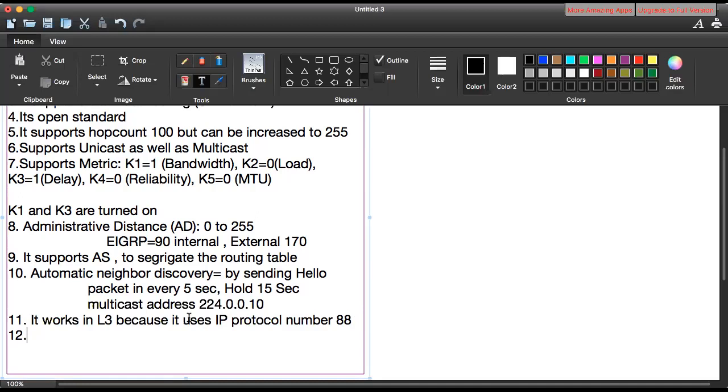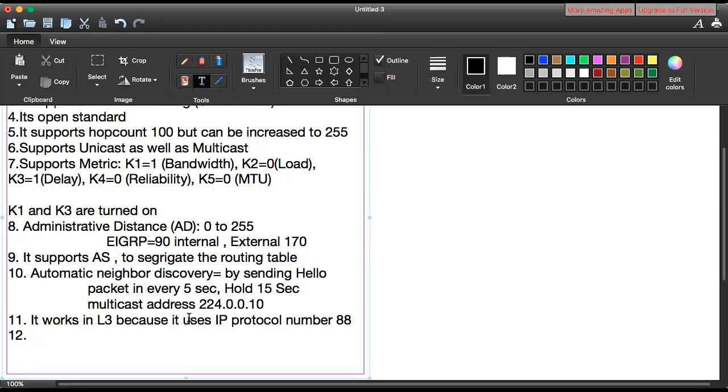So you just said the layer 3 header has a protocol number field. Do they have this protocol number 88 by default? Only in the case of EIGRP will they have protocol number 88.